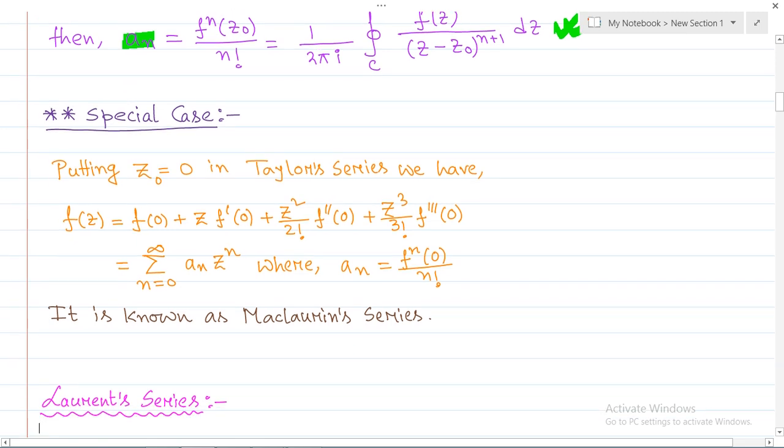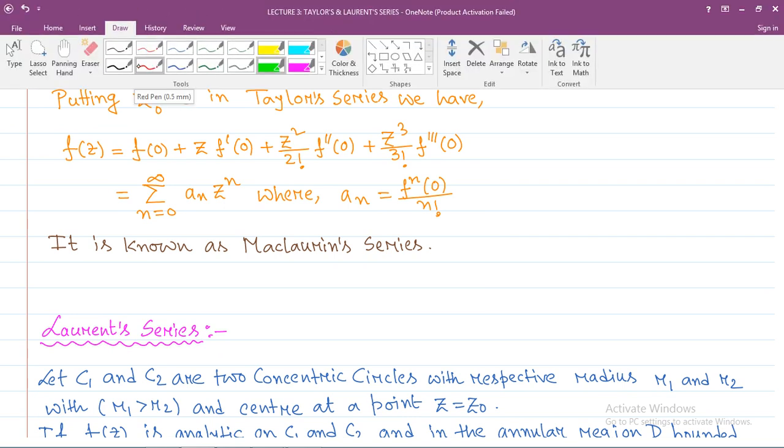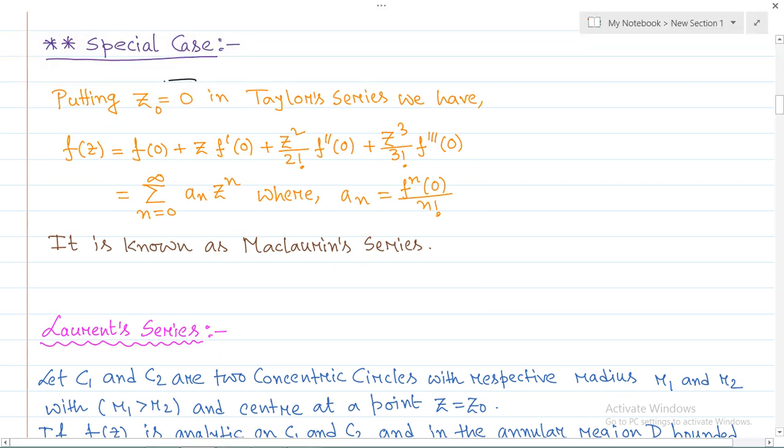Now we come to one special case for the Taylor series. Suppose particularly we think that z0 is nothing but the particular point 0, that is the origin itself. So what will be the diagram for this case?